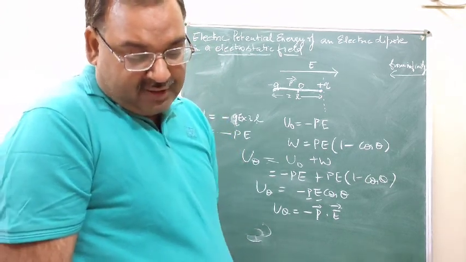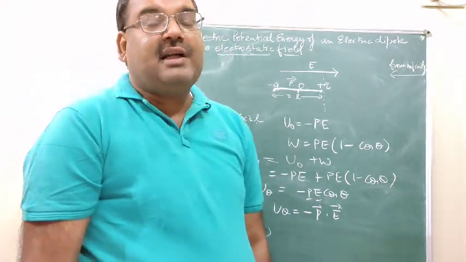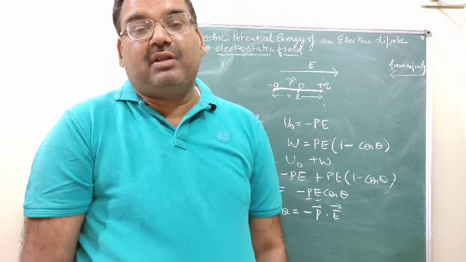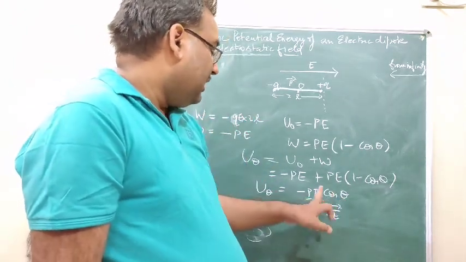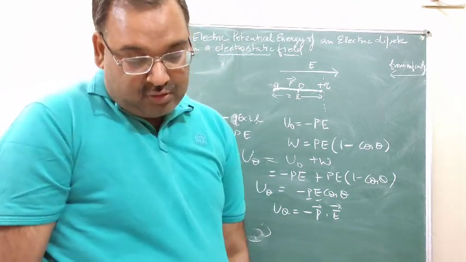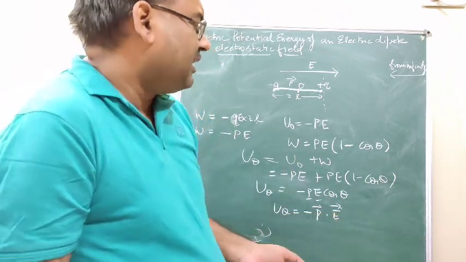Now if theta is equal to 90 degrees, that is, the axis of the dipole is perpendicular to the electric field, in that case, if we put theta equal to 90 here, then the potential energy will be equal to 0. In other ways also we can consider this.